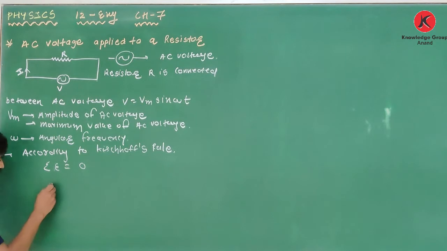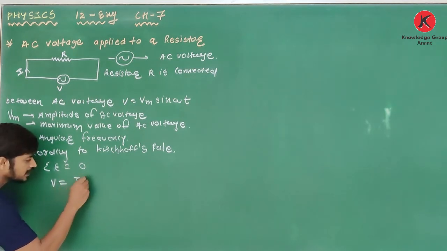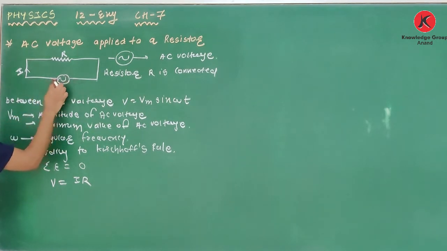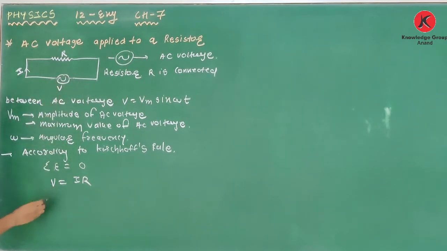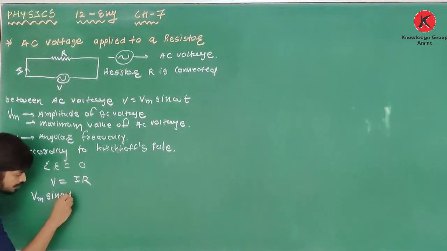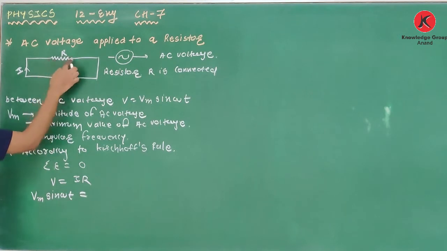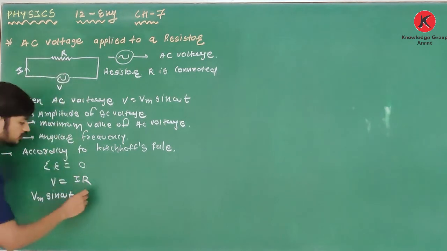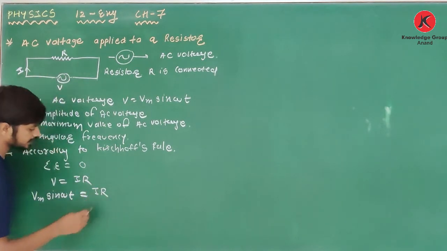You have to write this equation as V is equal to I R. Now what is the value of V? That is the potential difference between the two ends of this AC source. V is equal to V m sine omega t. What is the potential difference between the two ends of the resistor? If the resistance is R and the current flowing is I, so it is I R.